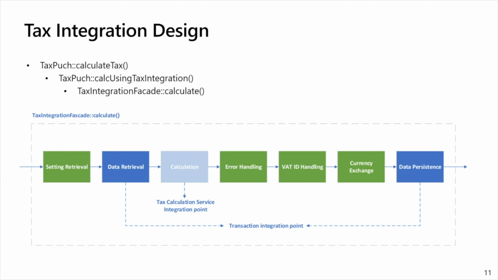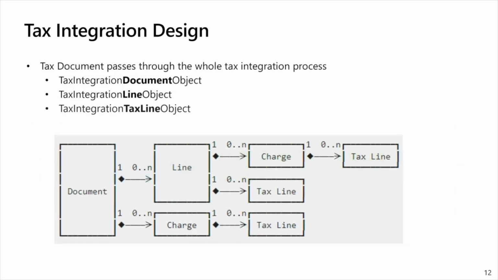And all the green blocks are commonly used for all the other transactions and other services. Let me move to the next page to show you the major object I have mentioned.